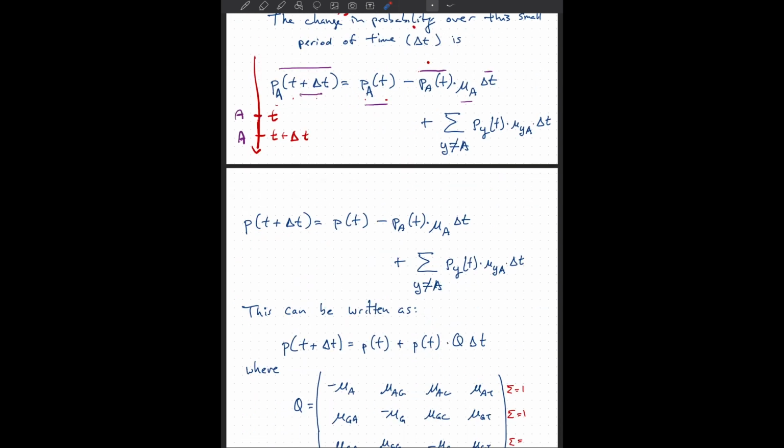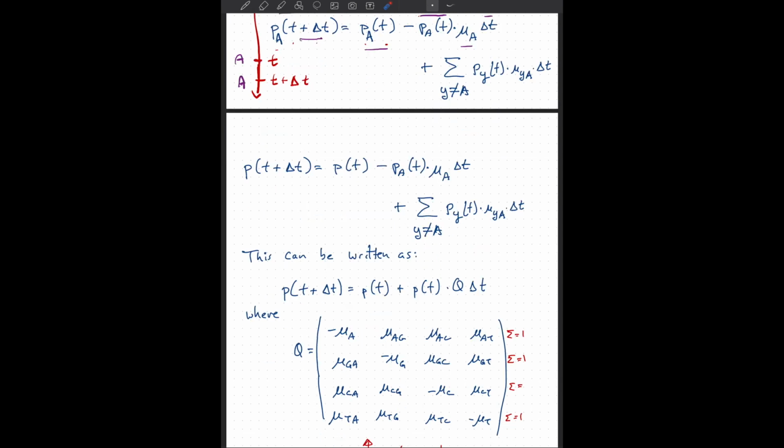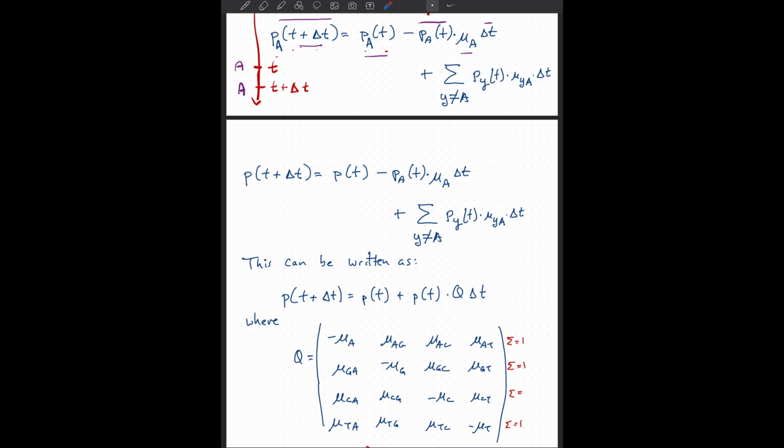Here I've just copied that from above, so we have it on hand. Actually, this can be simplified by writing that the probability I'm in some state at time t plus delta t is the probability that I'm in that state at time t, plus the probability that I'm in that state times this matrix Q over the time interval, and this Q relates to these equations here.